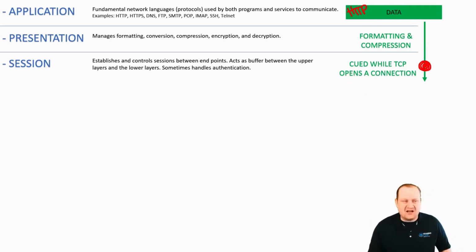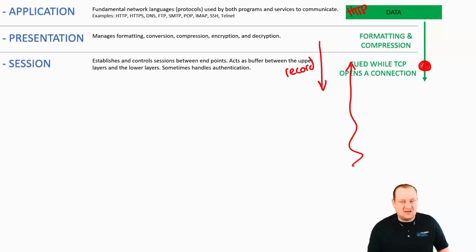And assuming the other side is good, then we can proceed. But also note, this layer keeps track of everything that goes out, makes records of everything that leaves. So when messages come back in, we know that message is a reply or tied to our previous message.